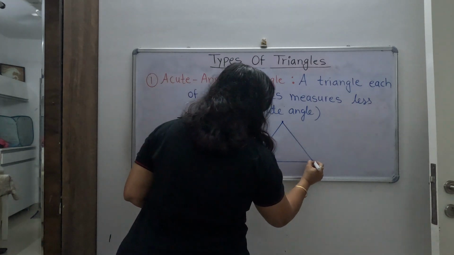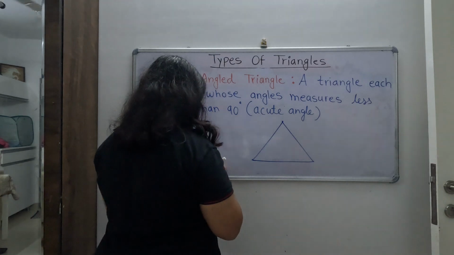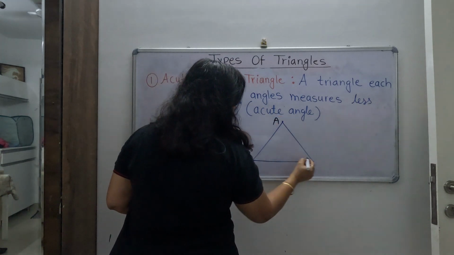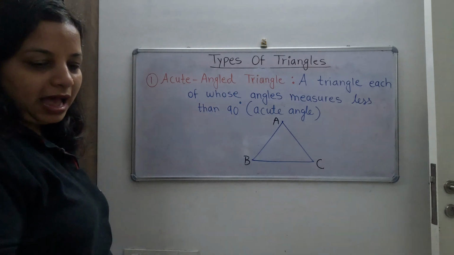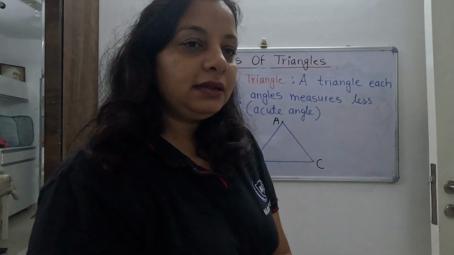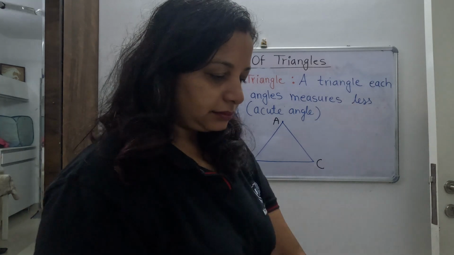No. This is a triangle with vertices A, B and C. You have to check that all three angles must be less than 90 degree.